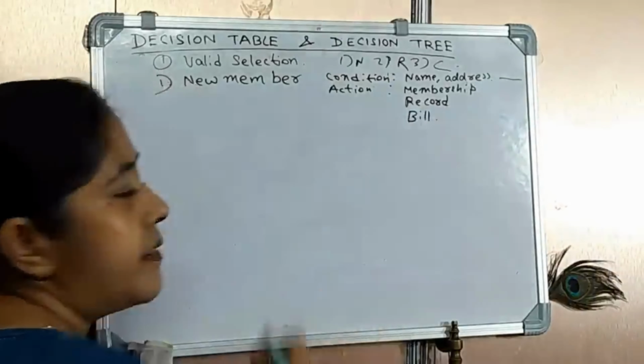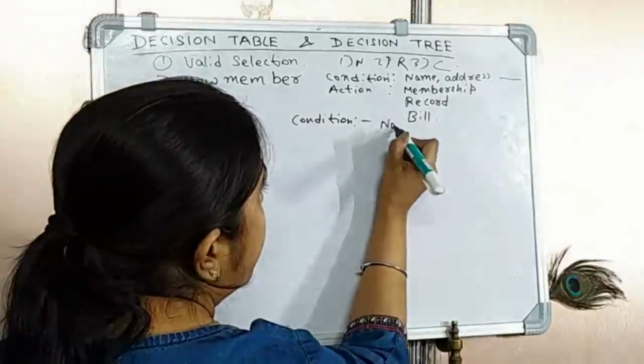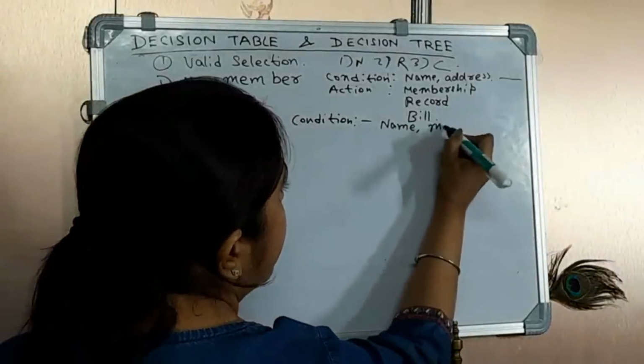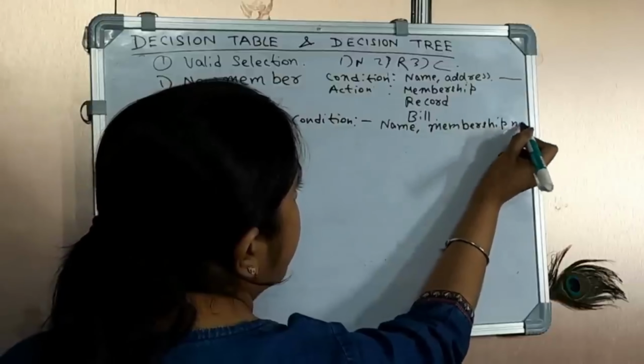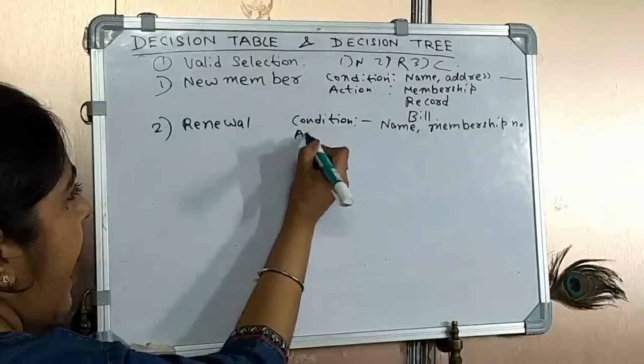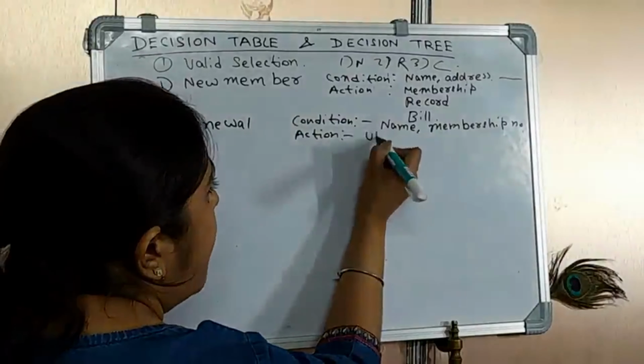Second one, for renewal of membership, what will be the condition? Again the condition will be, they will ask me for my name and my membership number. Then what will be the particular action? The action will be, they will update my details.